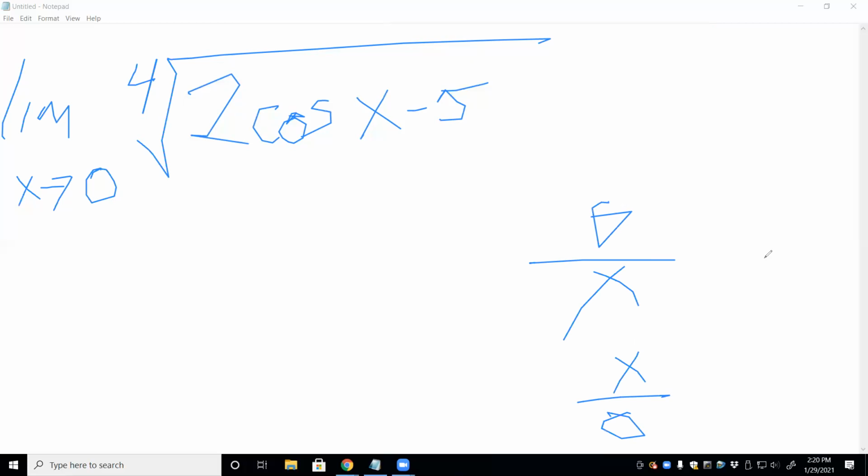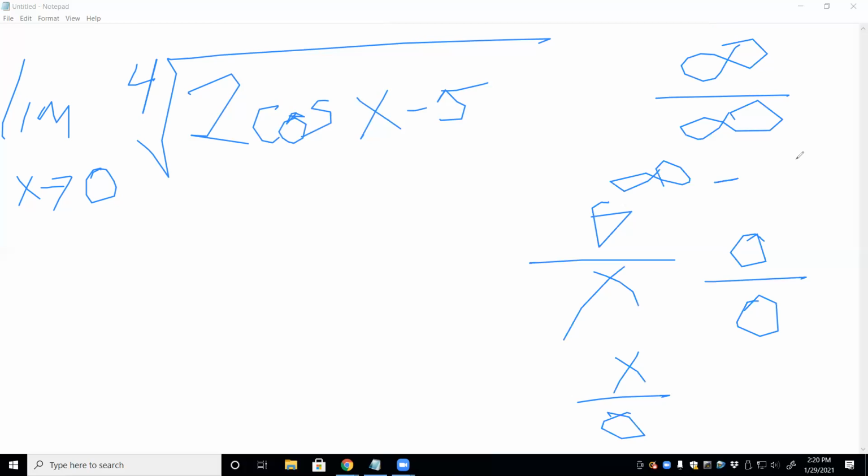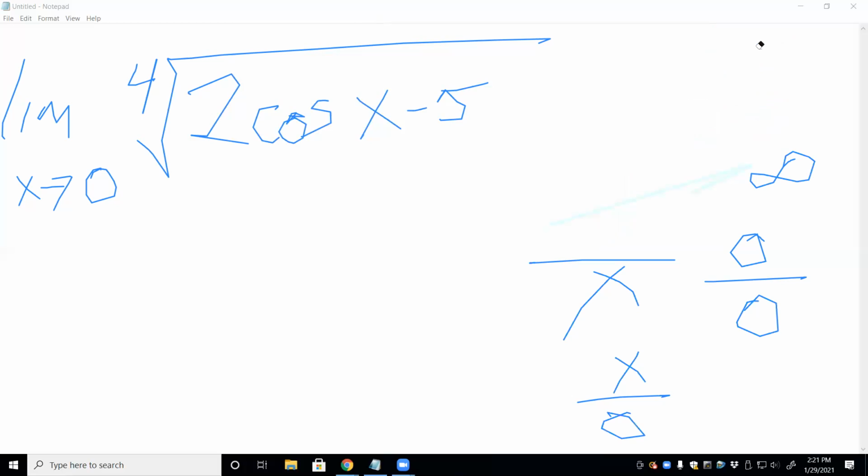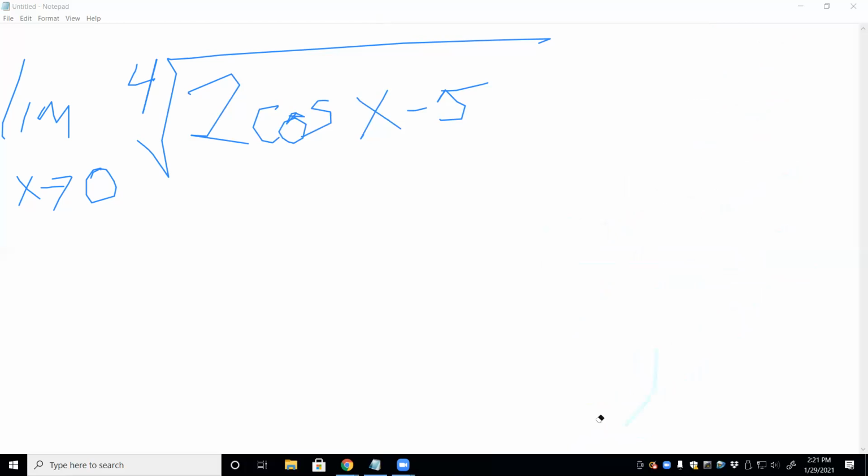The only things that ever give you difficulty are 0 over 0, infinity over infinity, or infinity minus infinity. When you get to chapter 8, you'll cover all of these. But until we get there, the only one you care about is 0 over 0. And this does not appear to be that.